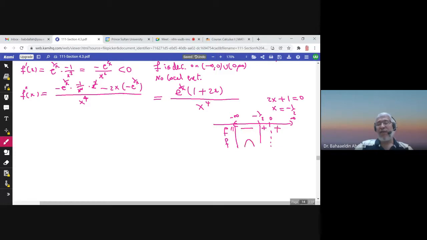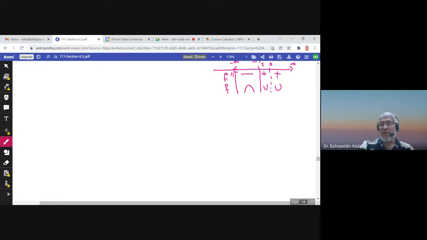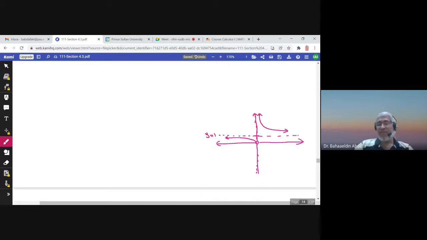So it's concave down here, concave up here, and concave up here. So now this will change a little here. The function has to be concave down until negative half. If this is negative 1, and this point is negative half, the function is concave down, that's correct.